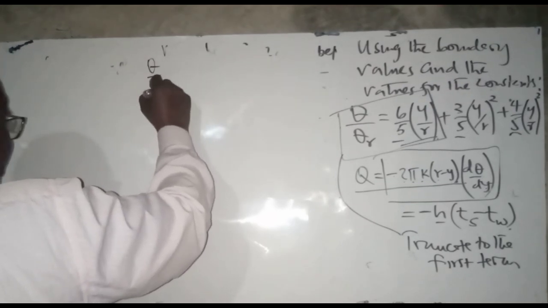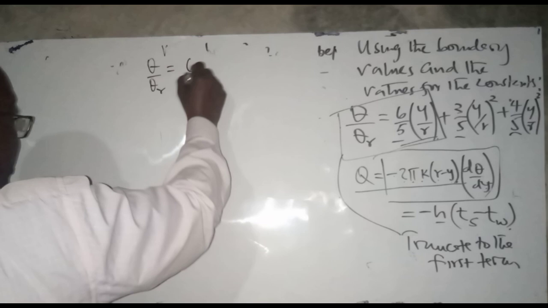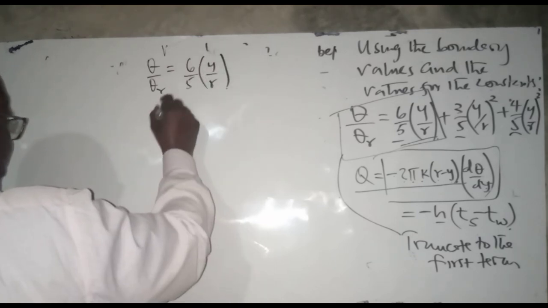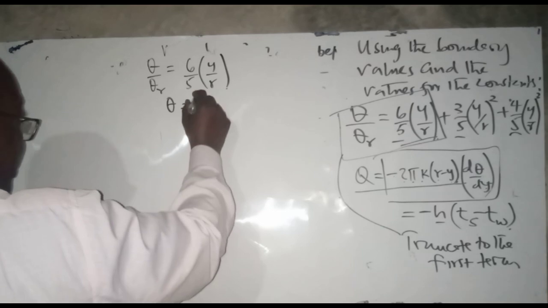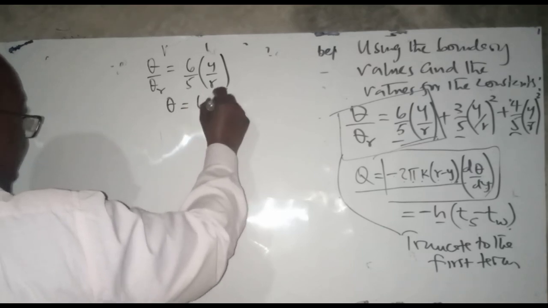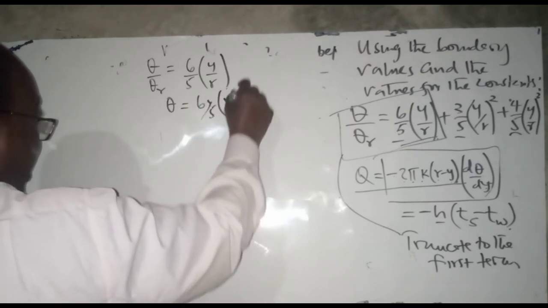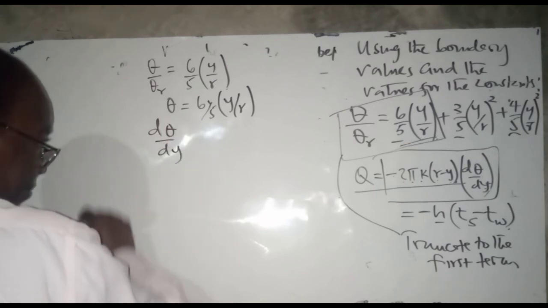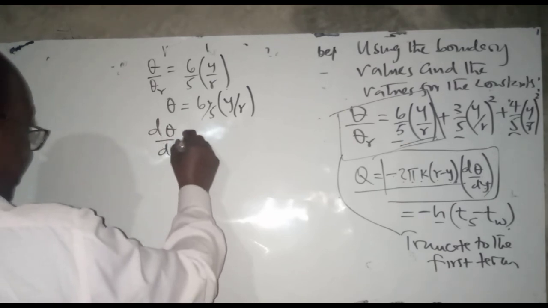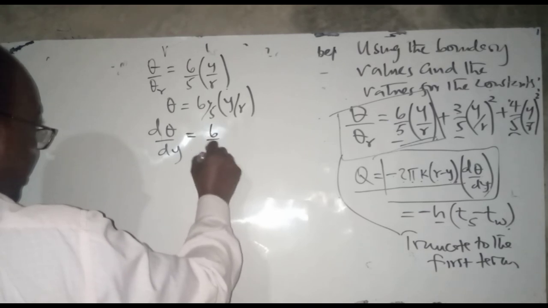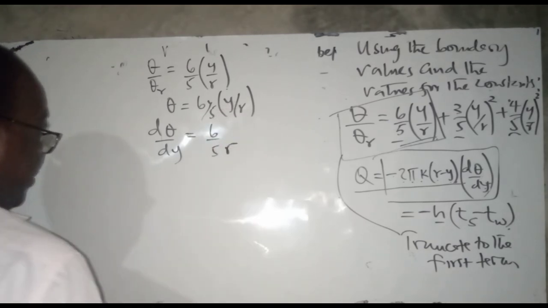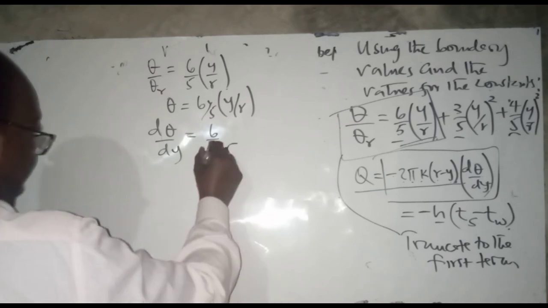If we truncate to the first term, then theta over theta r is equal to 6 over 5 y over r. So that d theta by dy is equal to 6 over 5 r.